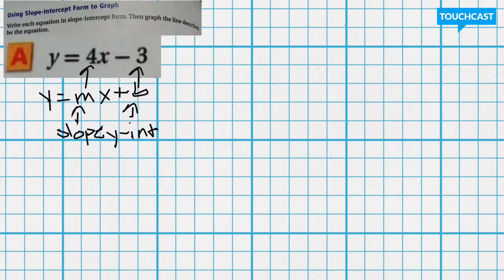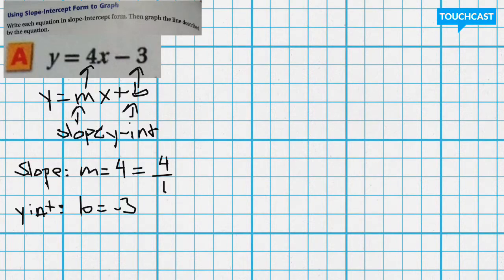So our slope is going to be 4, or 4 over 1. Our y-intercept, or b, is negative 3.